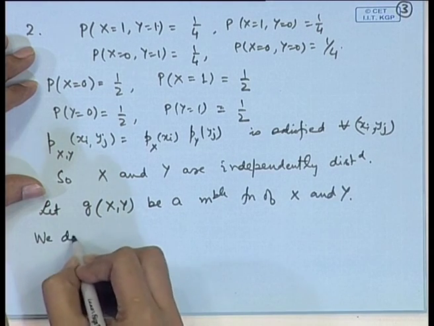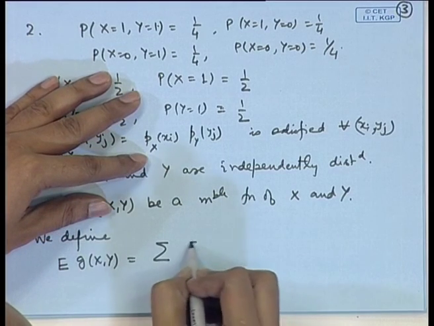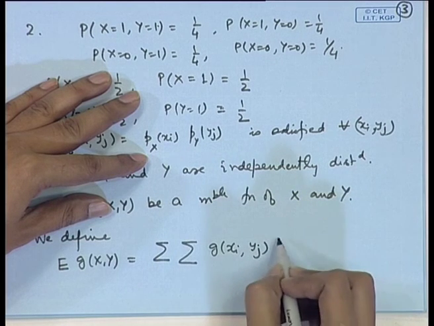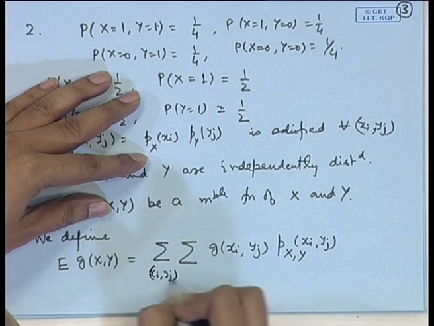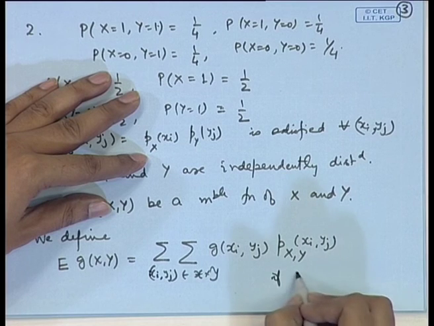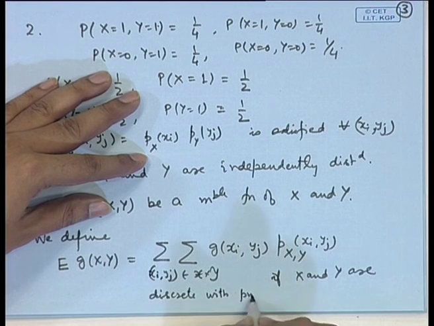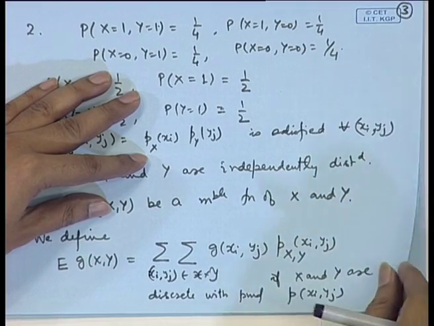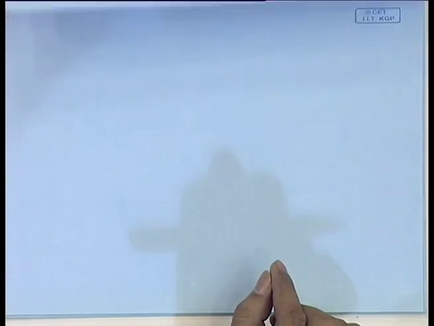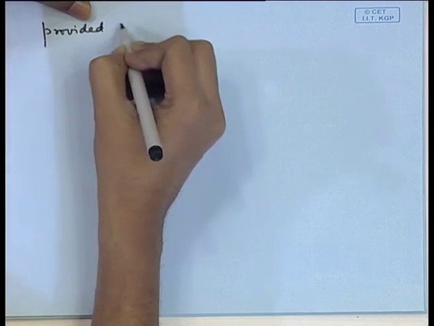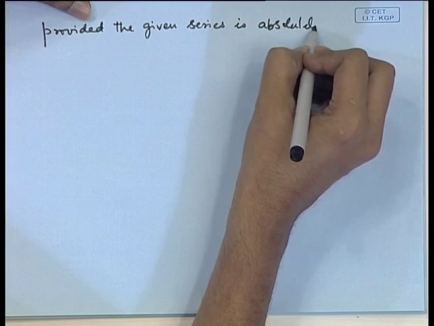So, we define expectation of g(X,Y) as, if X and Y are discrete with PMF p(x_i, y_j), the sum of g(x_i, y_j) p(x_i, y_j) for all x_i and y_j in the range of X cross Y. Now, this is valid provided the series is absolutely convergent.